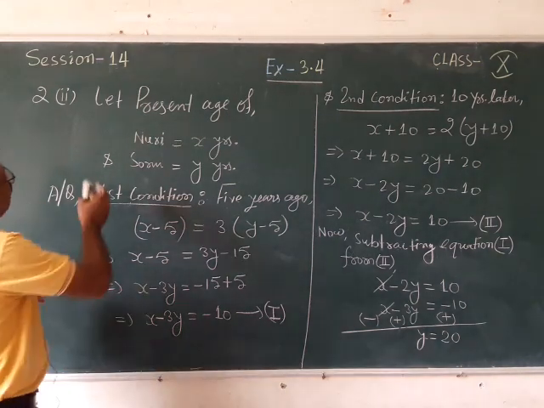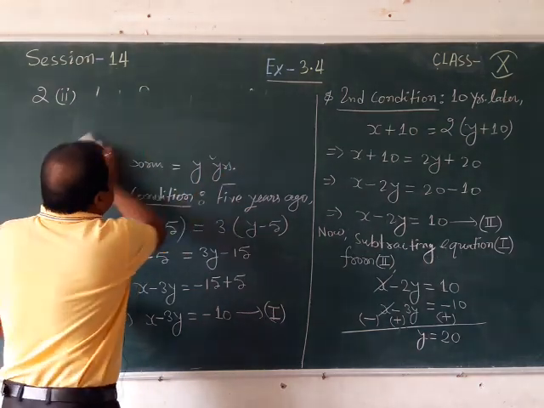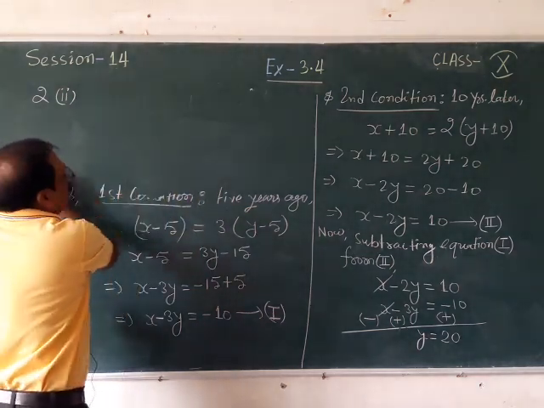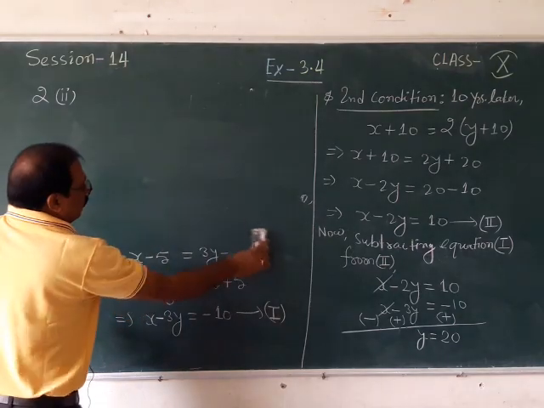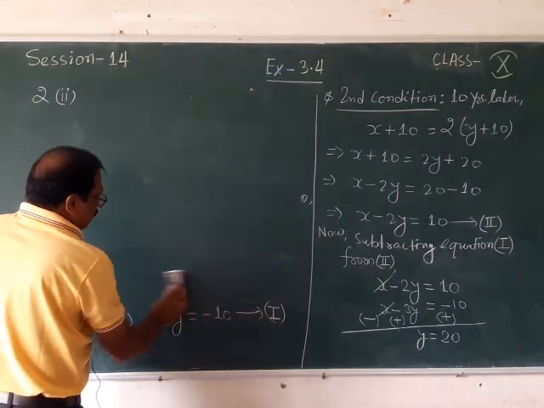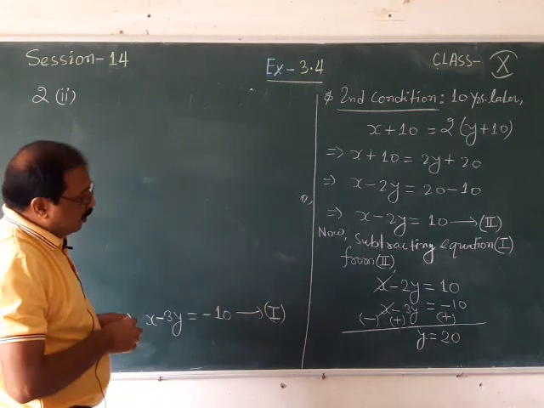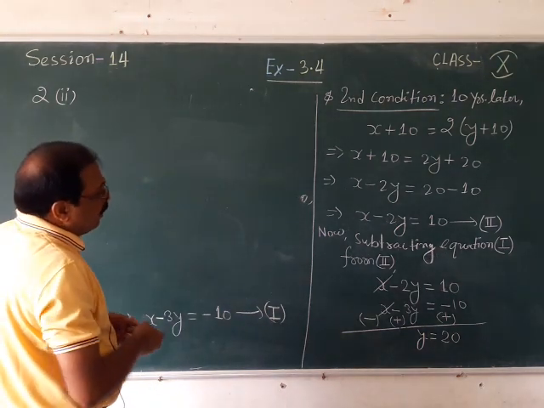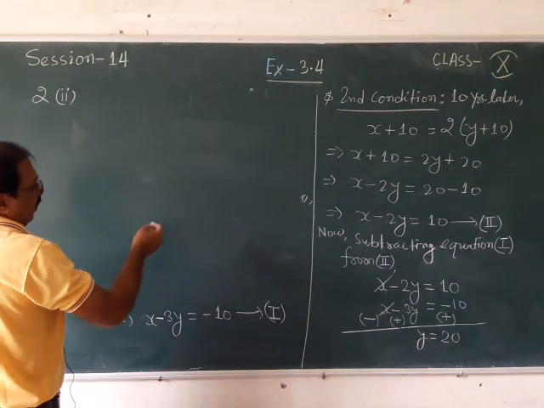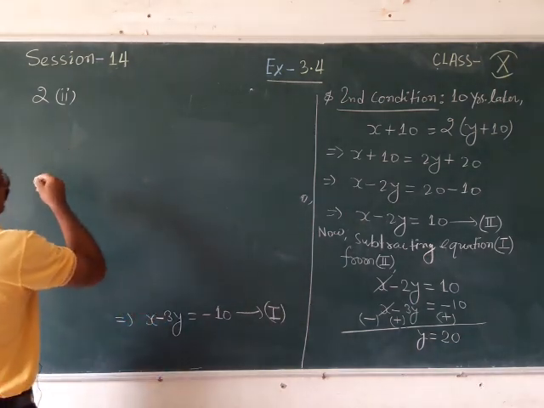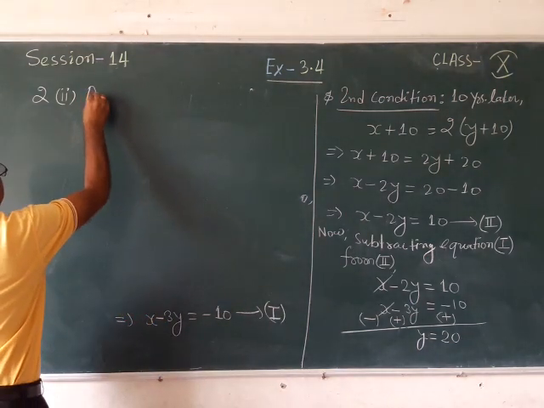I hope that this side you have written. Now putting this value of y in equation number 1 or 2, in any equation I can put. So this time I am putting this value of y in equation 2.